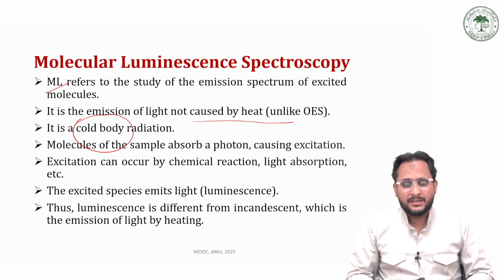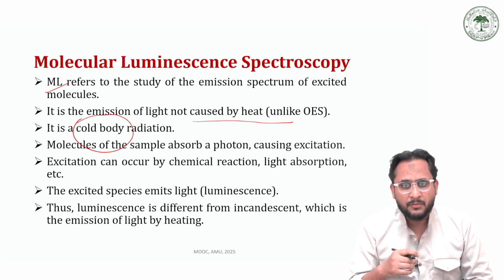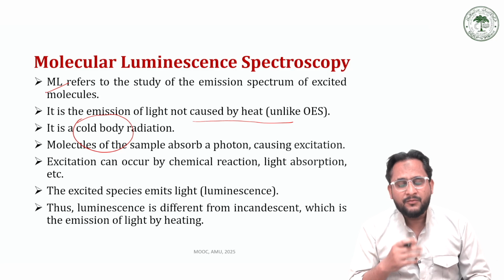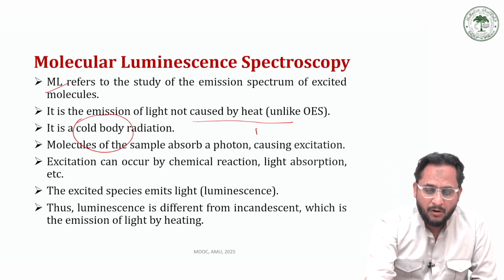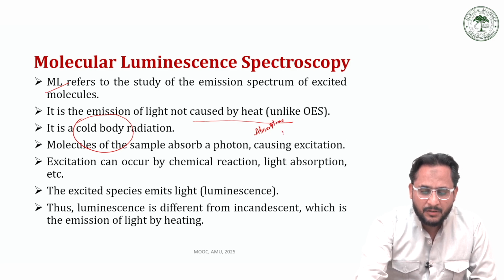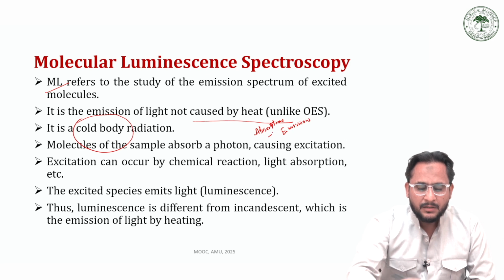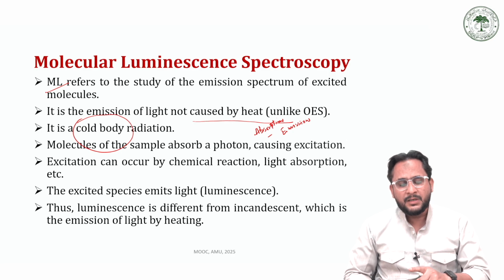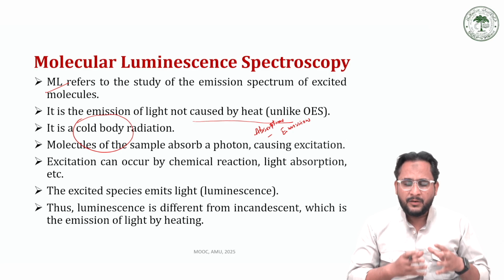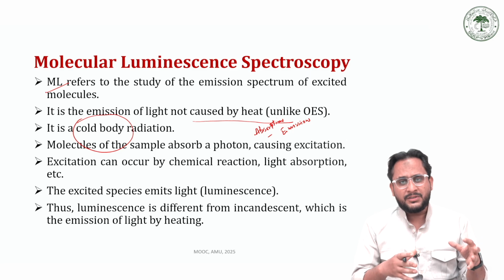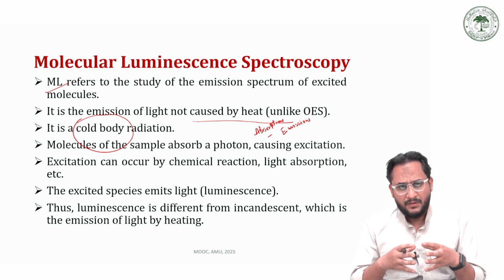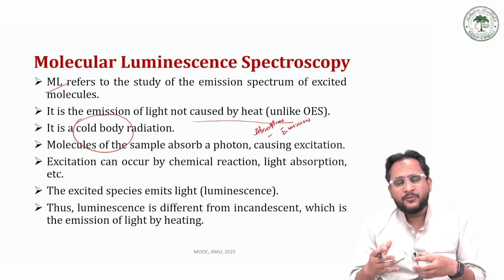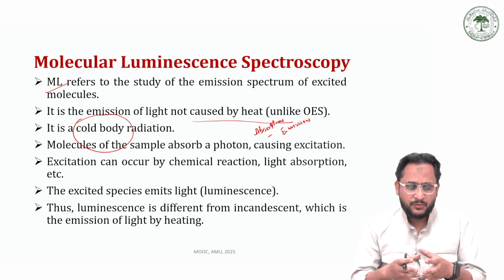Both the phenomena of absorption as well as emission take place in molecular luminescence spectroscopy. That is why I covered absorption and emission spectroscopy in unit 1, so that it would be very easy for you to understand ML spectroscopy.